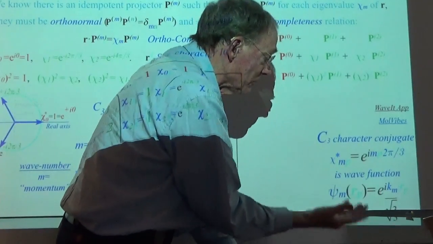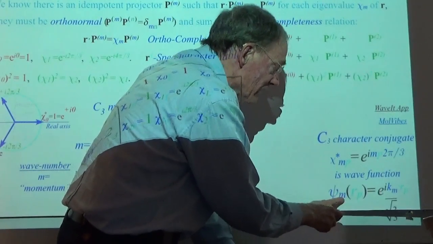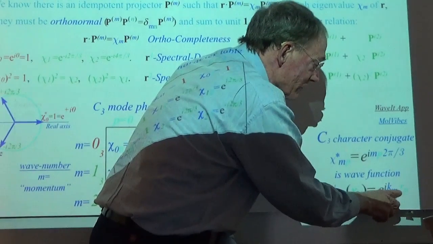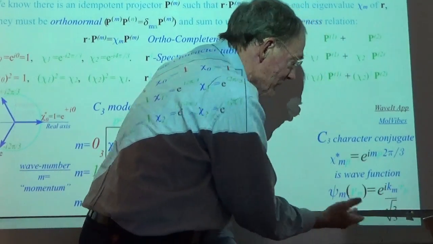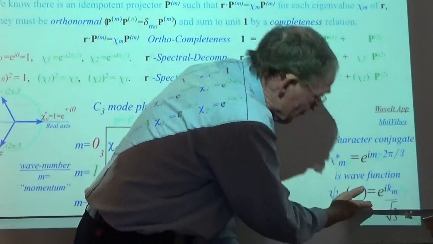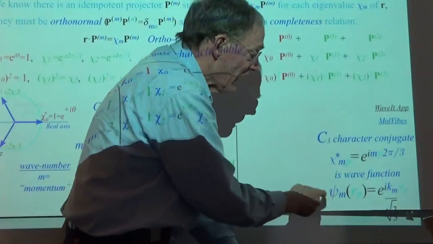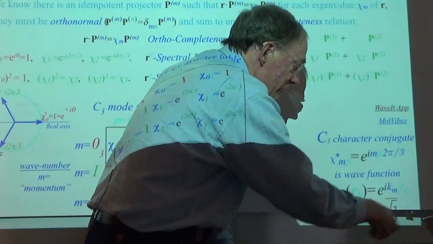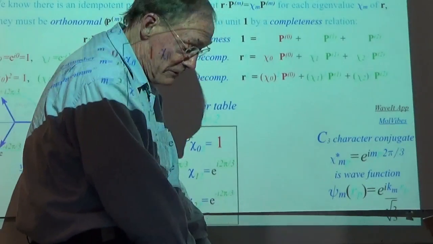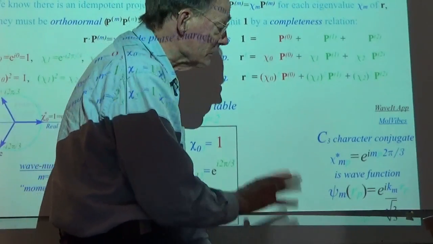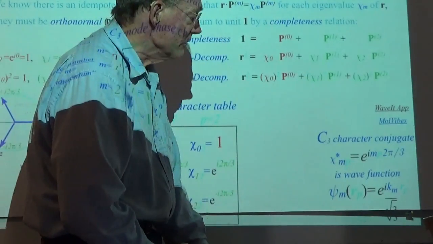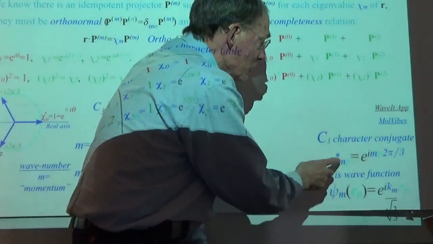And they're labeled by momenta. So e to the i k_m times r_p, actually divided by the square root of 3 in order to be normalized. That is very conventional notation for wave functions. Maybe not the same letters and indices or anything, but that's the basic idea of psi of x in Fourier analysis. And that's what we have here.